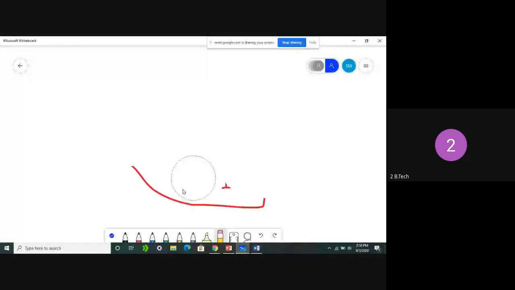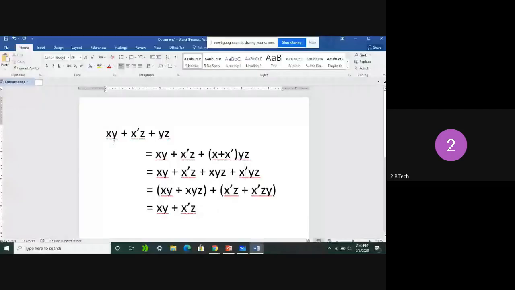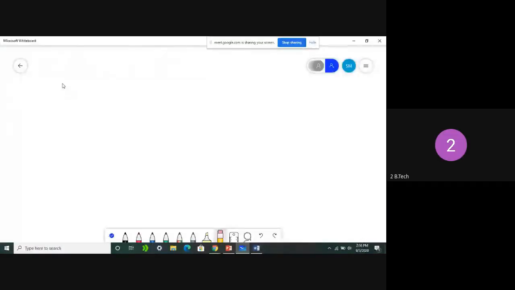Can you remember this equation? xy plus x bar z plus yz.